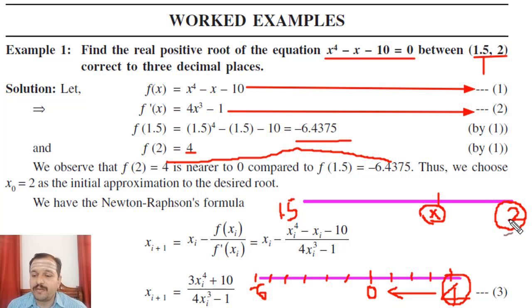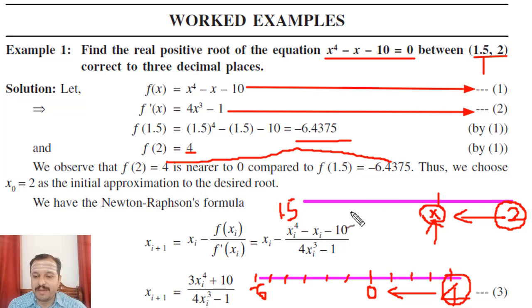We got f at 2 as 4, f at 1.5 as minus 6. From 0, if you observe the distance of these two, 4 is closer as compared to minus 6. Therefore, the desired root will be closer to 2 as compared to 1.5. 1.5 will be away from the desired root as compared to 2.